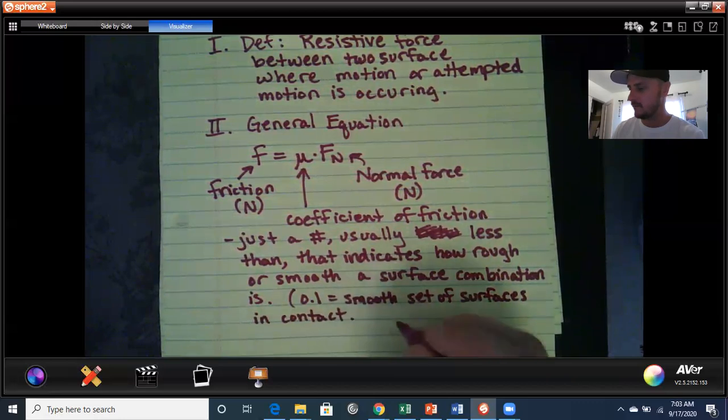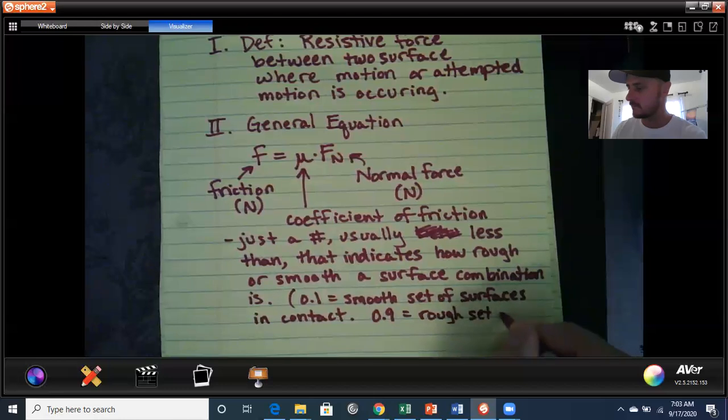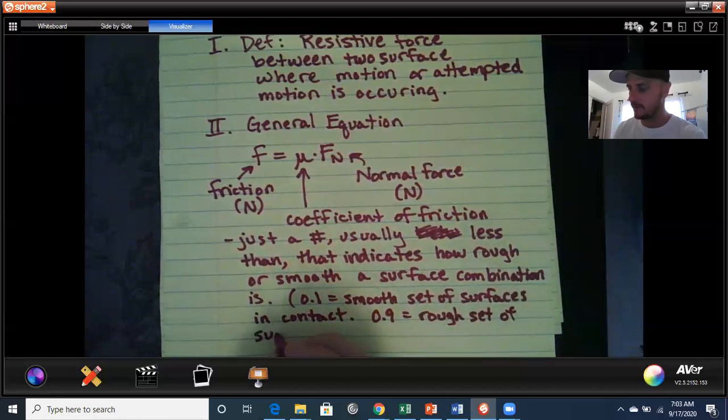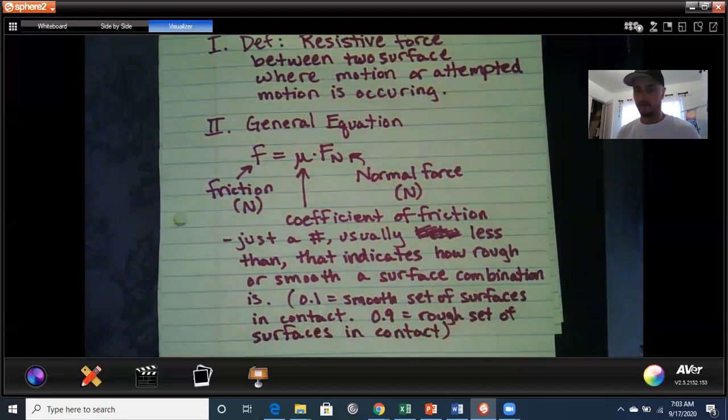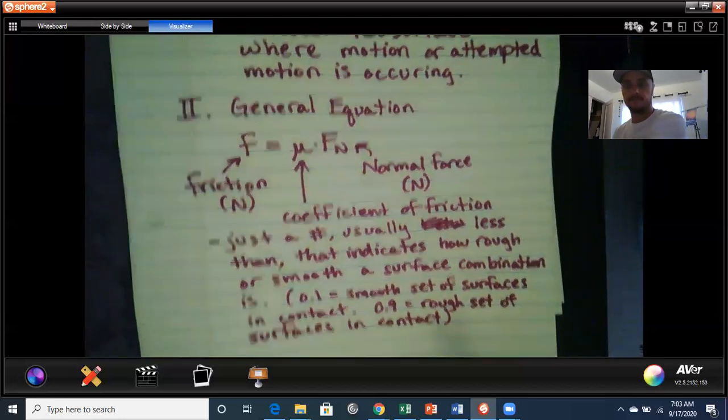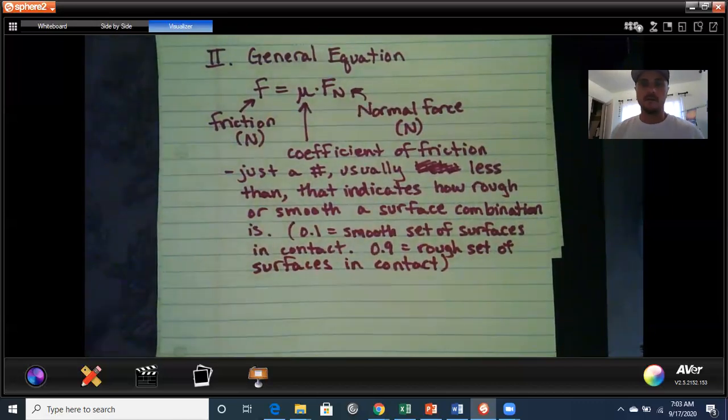And you could then say, well, then 0.9 or 0.99 or even 0.8 would equal a rough set of surfaces. Set of surfaces in contact. Yeah, we'll write it, sure. Surfaces in contact, boom. Okay. That's all it is. It's just a number.